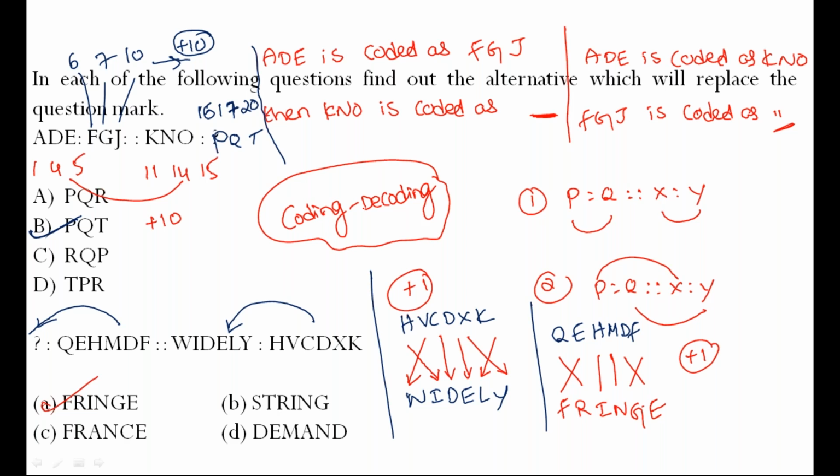For numbers, we didn't complete it, that's why we are discussing here. See this guys, how good you people are doing now. So HVCDXK is IWDEYL, QEHMDF is what? Excellent, friends. Now let me go ahead with the remaining.